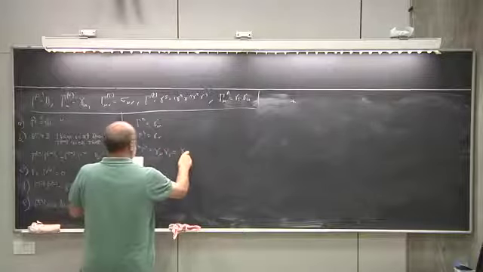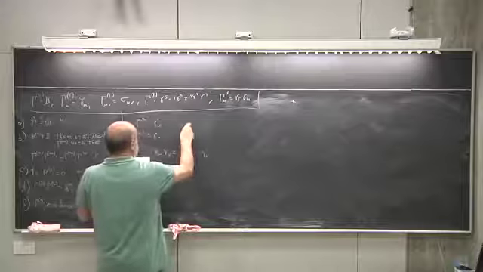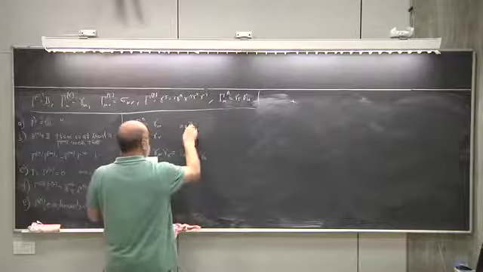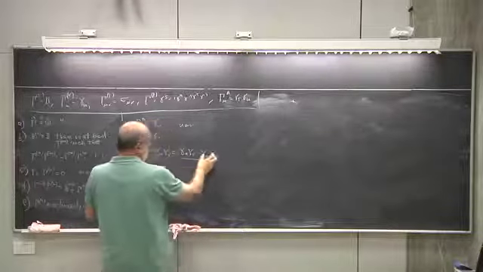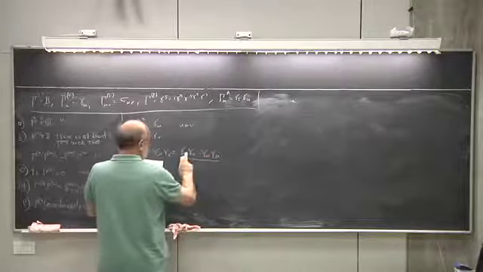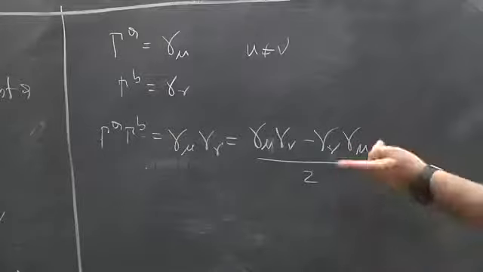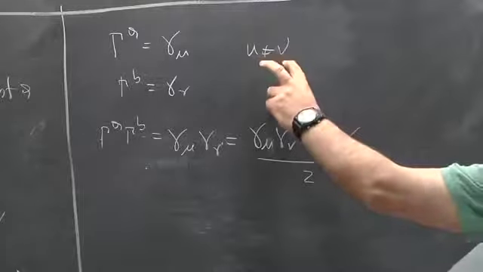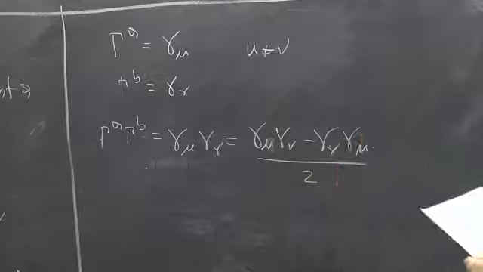That is equal to gamma mu gamma nu minus gamma nu gamma mu over 2, let's take mu different from nu, because these two anti-commute, as mu and nu are different, there is no g mu nu.